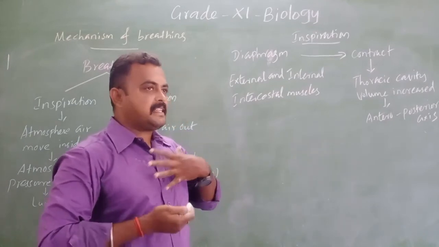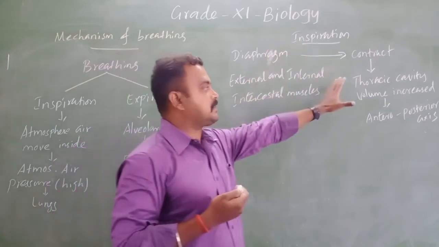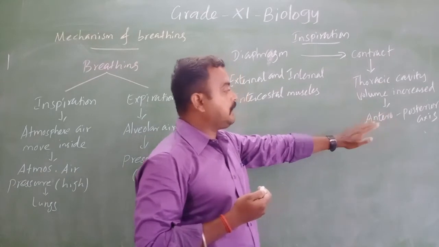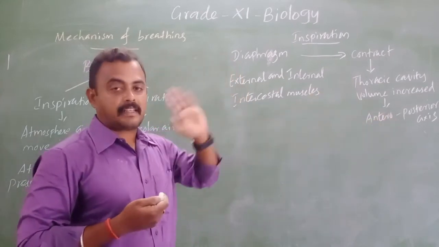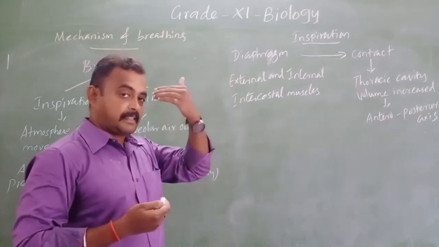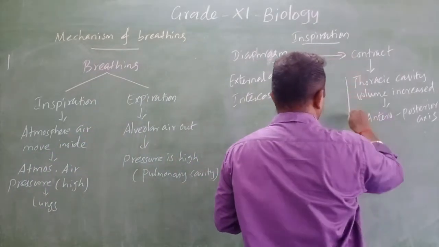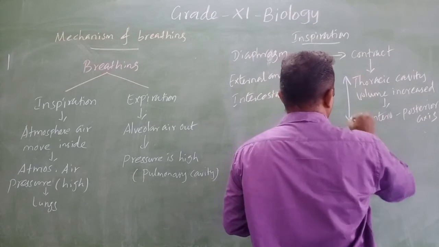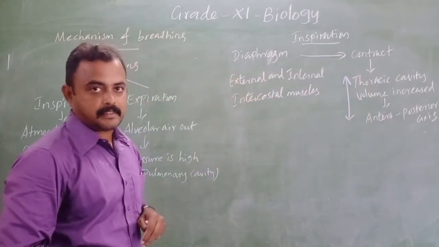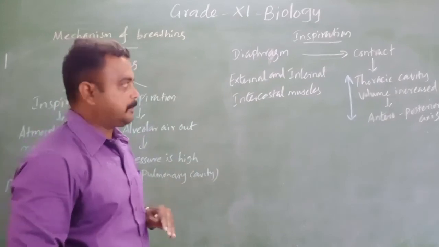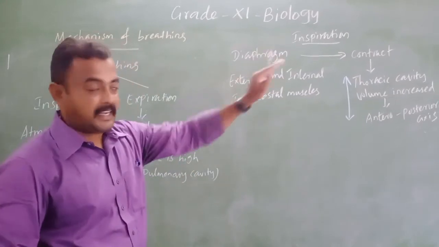So the thoracic cavity volume will be increased in the anterior to posterior axis, when the diaphragm contracts.